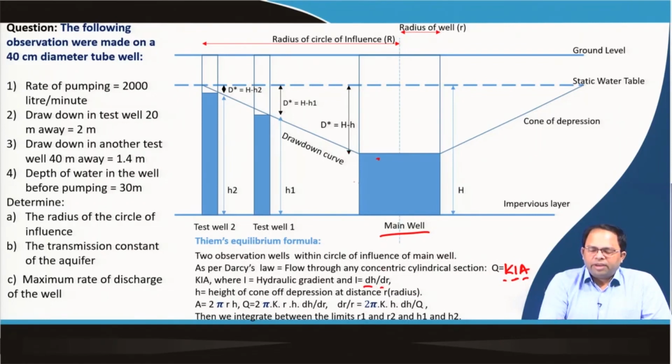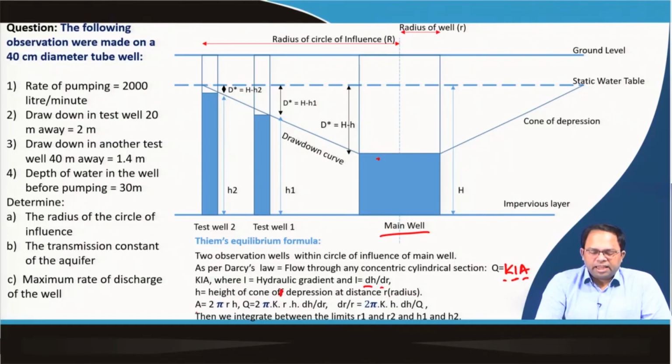So if we assume a well of this size, then obviously this is the radius of the well, and because it is on the same drawdown curve, it will have the same circle of influence, right? So using that, we can say that gradient is basically dH by dr, and h is the height of the cone of depression at distance r, which is the radius.